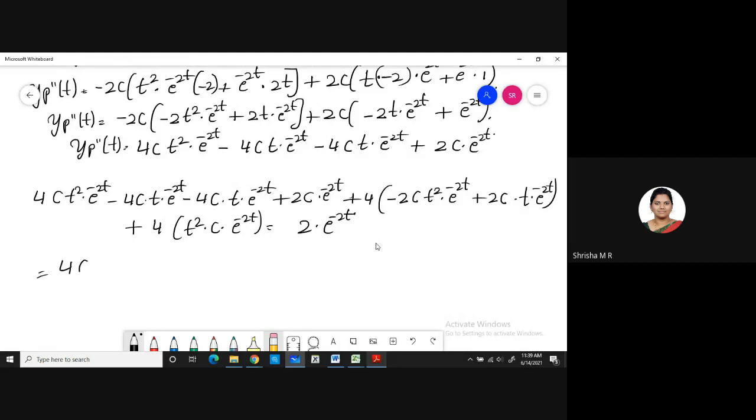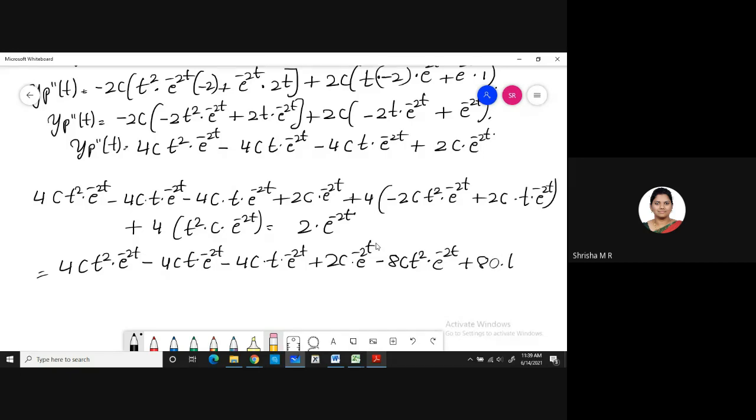So if you solve it, you have 4c t square into e power minus 2t minus 4c t into e power minus 2t minus 4c t into e power minus 2t plus 2c into e power minus 2t minus 8c t square into e power minus 2t plus 8c t into e power minus 2t plus 4c t square into e power minus 2t, which is equal to 2 into e power minus 2t.